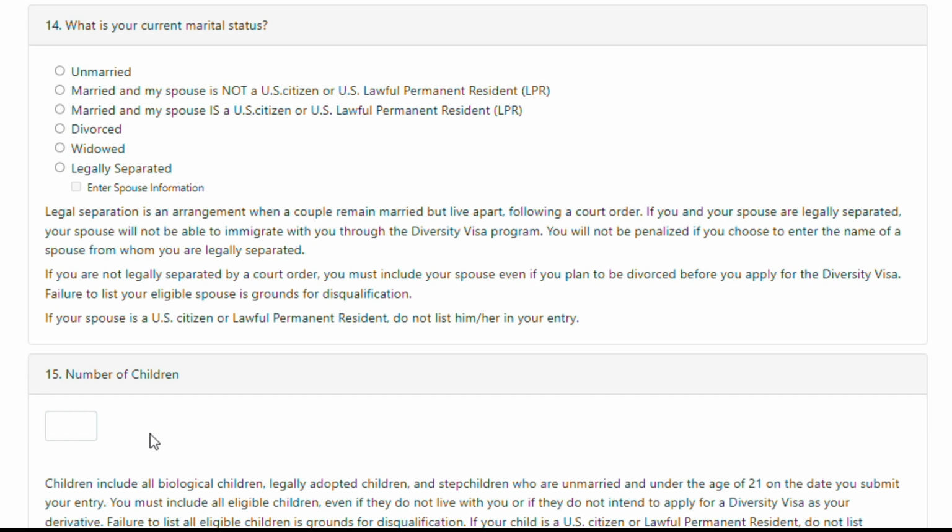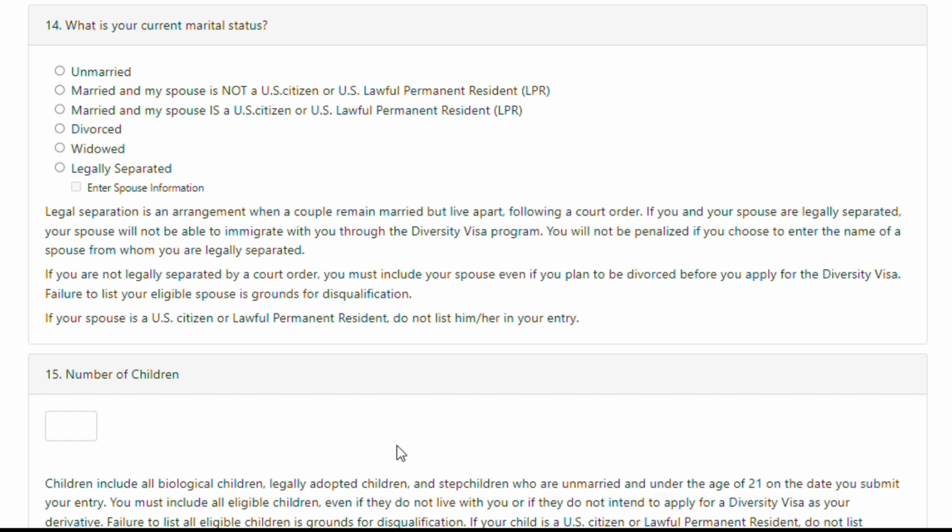The kids that are legally adopted with legal papers, they qualify to be your kids, and therefore you include their number here. But of all those 3 categories, they should not have attained an age above 21 years. And number 2, they should not be married regardless of the age. So even if they are 18 years of age and they are married, they are not qualified. So they should be below 21 years of age and unmarried.